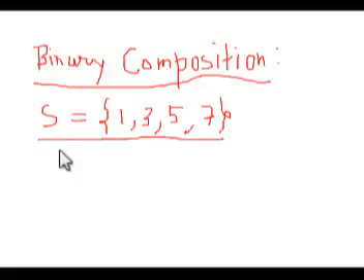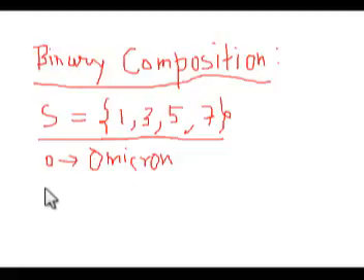Now a binary operation on the set S can be written like this. Take a binary operation, you can call it omicron. Omicron is a very small o. Omicron shows the binary composition together with the set S and the binary operation omicron.